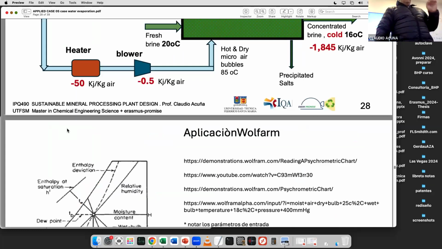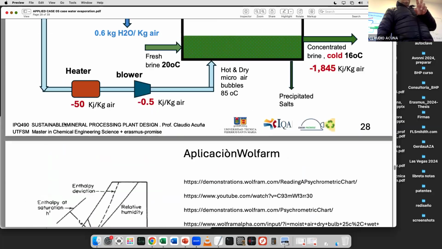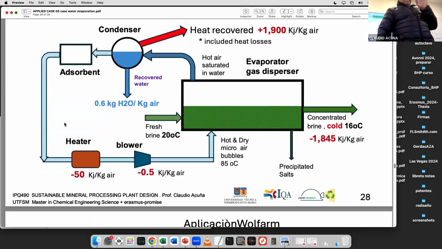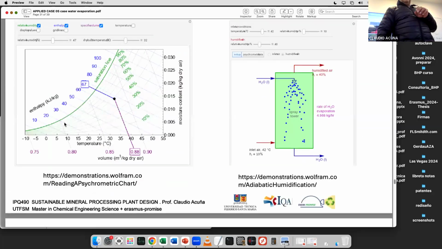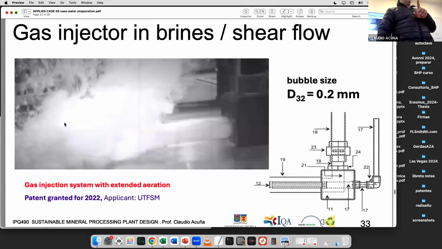Okay? Let me continue. So there are two things. This is the conceptual design, and also there is another patent regarding the gas injector. You already saw the video. To introduce the air in order to control bubble size, we have a shear stress here. This is the other device where you inject air and you put some solution going through in order to produce some shear stress and control the bubbles.